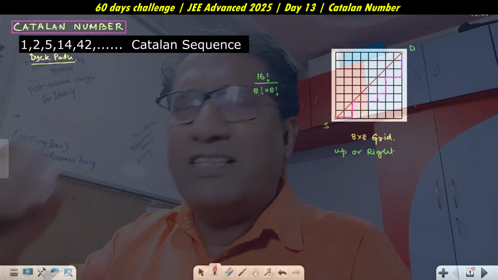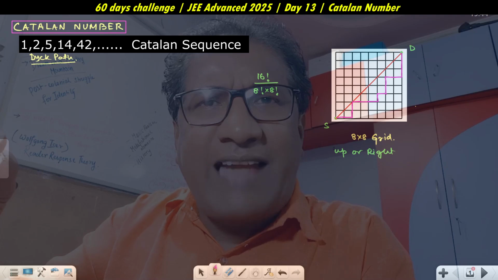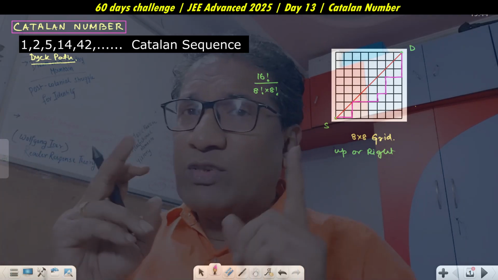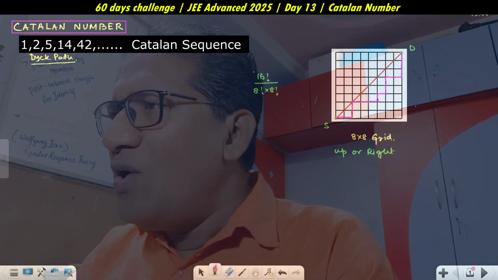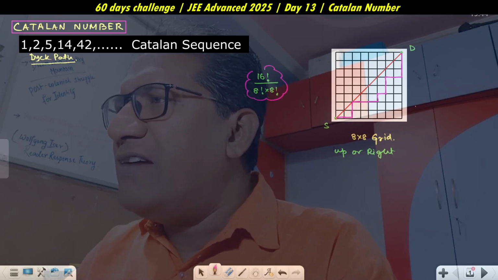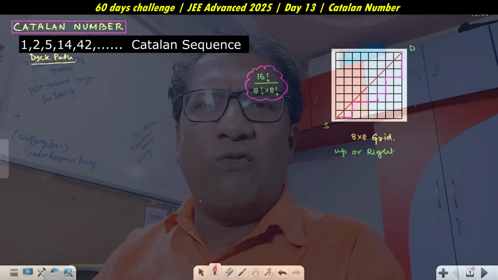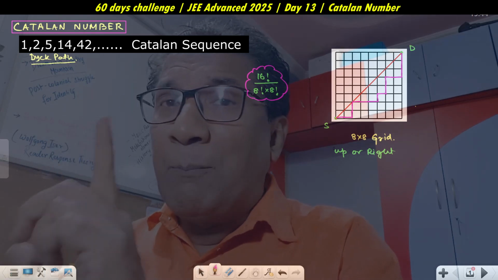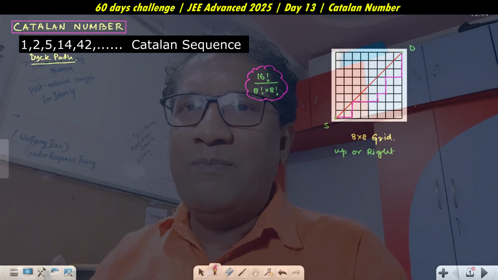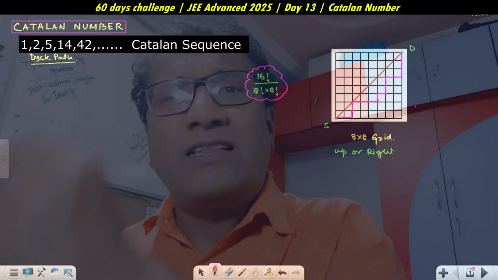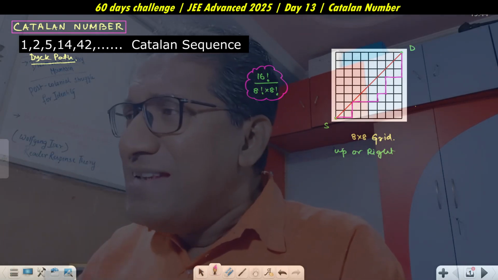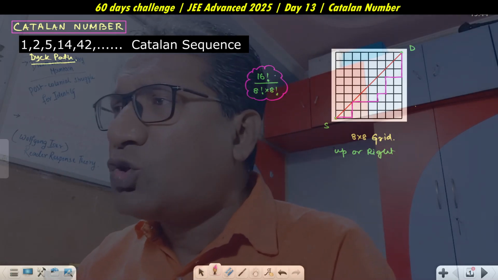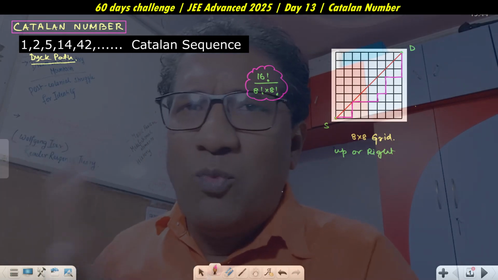But the moment that person crosses the diagonal, it will be a wrong path. Now think about it. Factorial 16 divided by factorial 8 into factorial 8 is the total number of ways in which the person can reach from S to D in any path he has chosen, maintaining that he is moving only up and in the right direction. This is the total number of ways. But I don't want that.